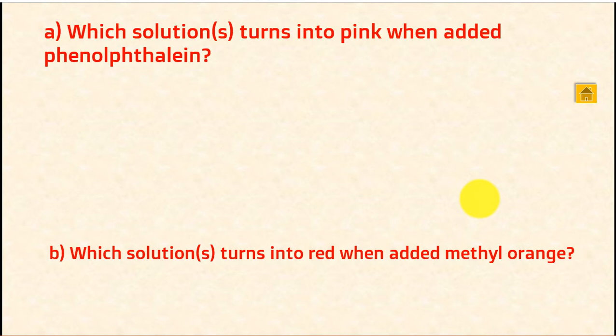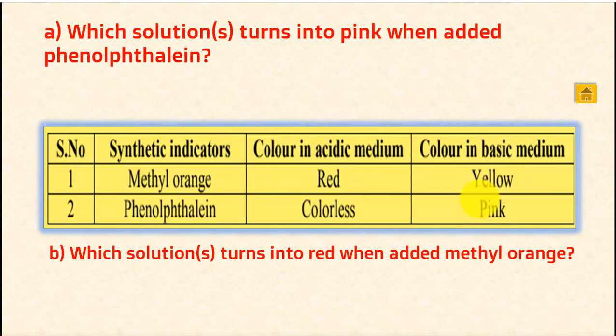We know these phenolphthalein and methyl orange are synthetic indicators. Now let us see how they change into different colors in acidic and basic medium. From the table, methyl orange turns red in acidic medium and yellow in basic medium. Phenolphthalein turns colorless in acidic medium and pink in basic medium.